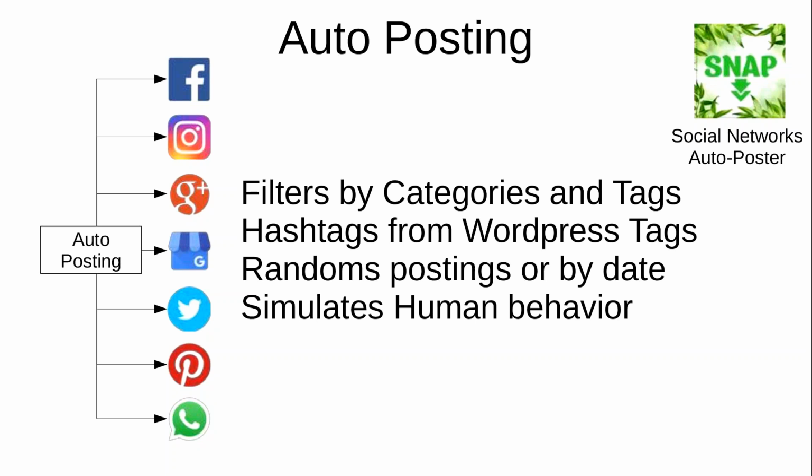I can random post or post everything, and I can simulate human behavior in posting. That means that, for example, if I set a time that it has to post every 2 hours, it will have a plus or minus 30 minutes. And I can also integrate sleep times where the software will not post. So on the social media side, it will look like a human is posting.